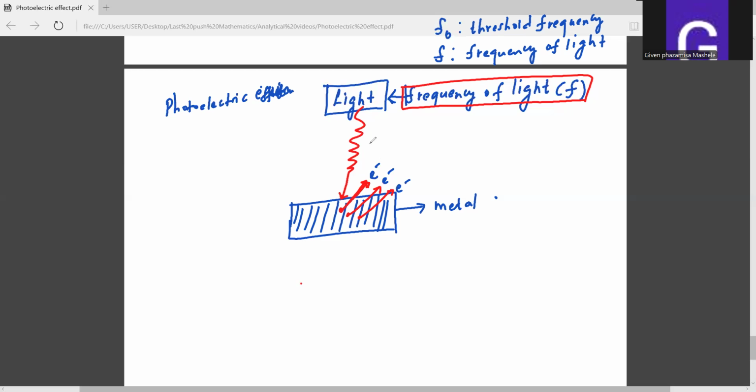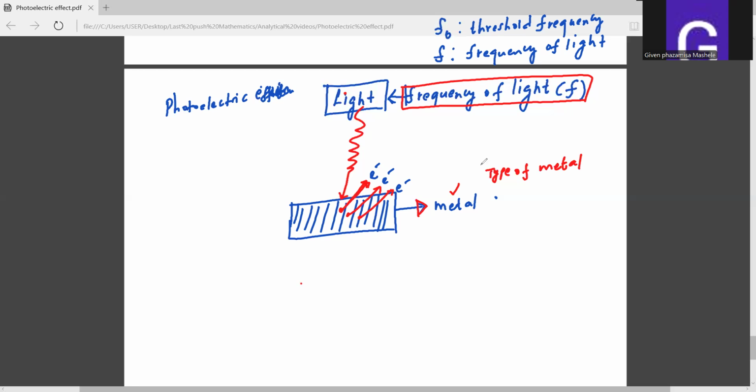Now, the question is: does it mean that if we use any light and shine it onto the metal, it will keep on releasing electrons? The answer is no. What causes the light not to release electrons from the metal surface? Number one, the type of metal has an impact on the electron ejection.